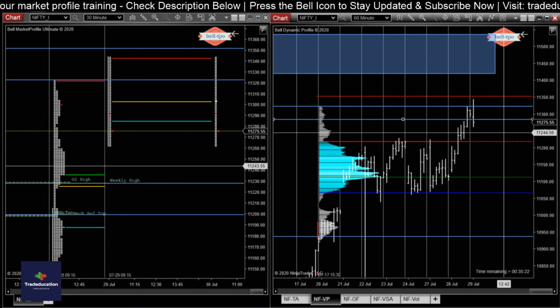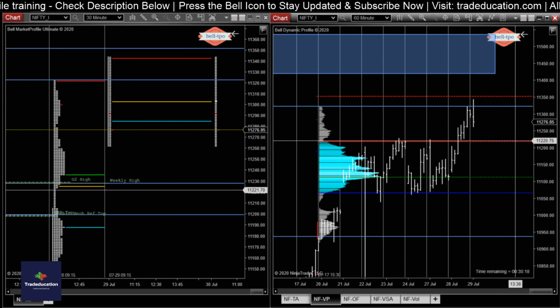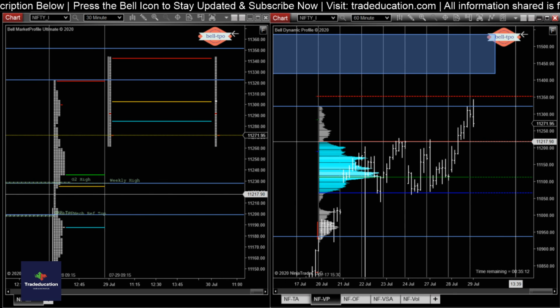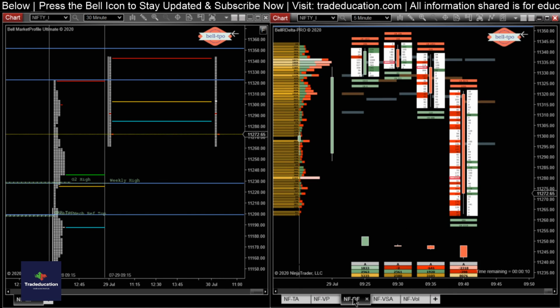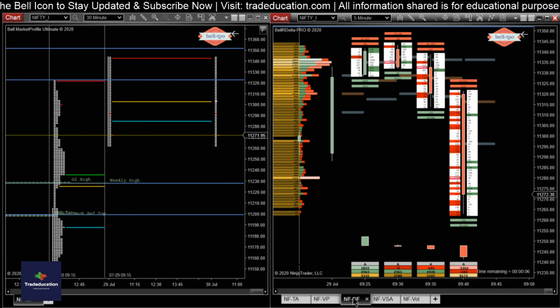So I'll also remove this zone because this zone has invalidated. And we need to see whether it touches the value area high, that is at 11,217. So furthermore, downside is seen.